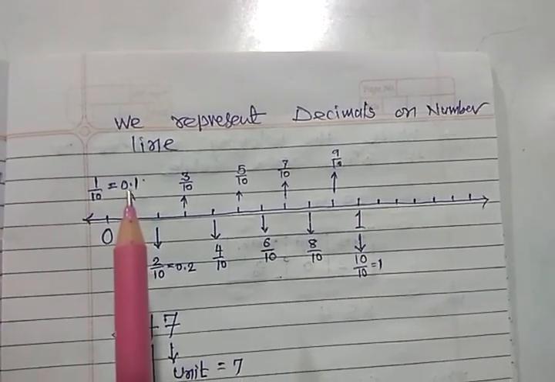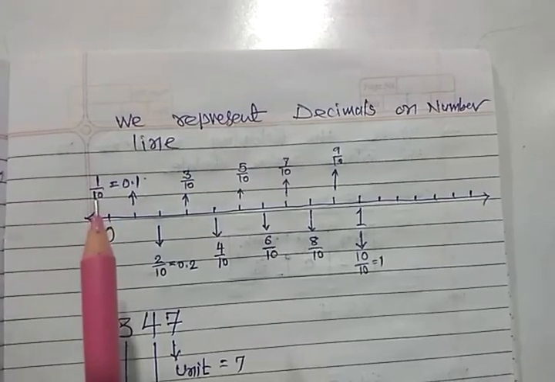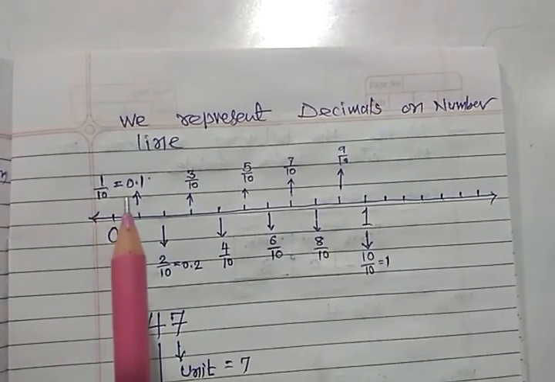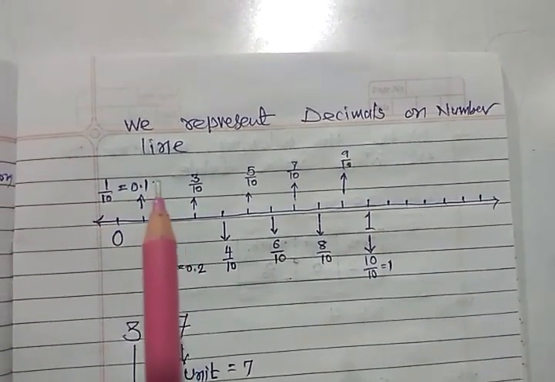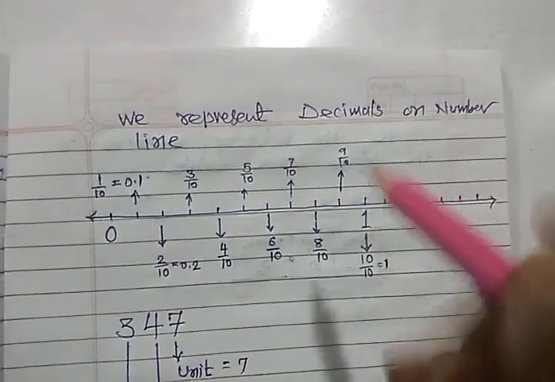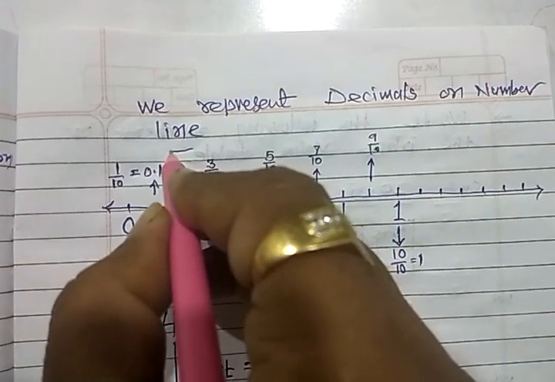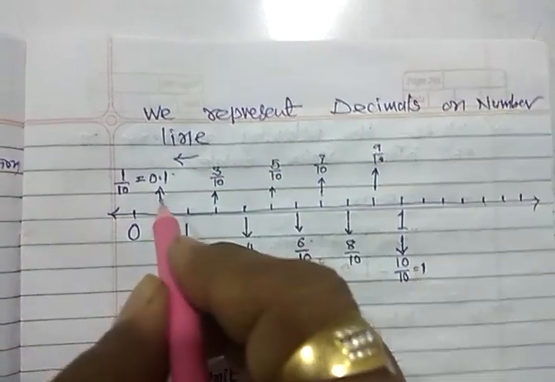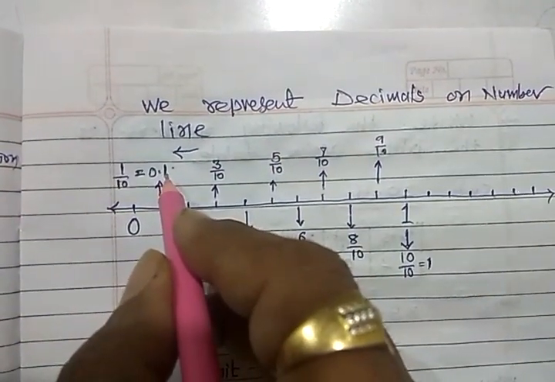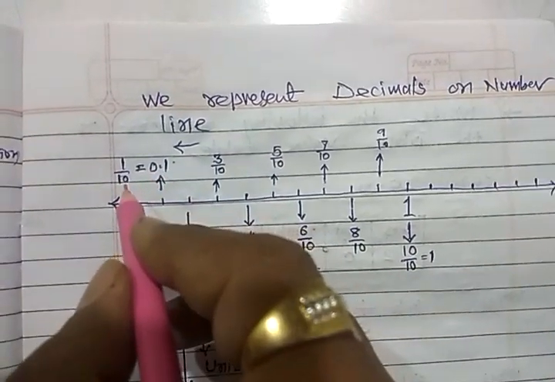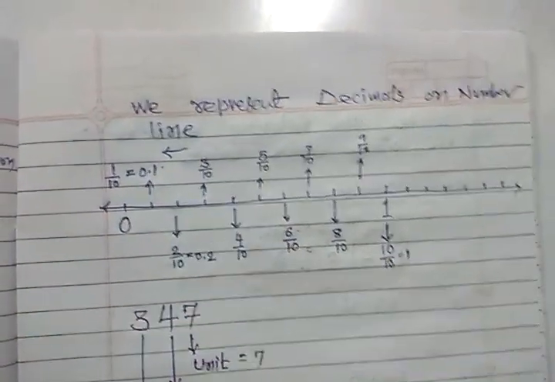This point is a decimal point, and for however many zeros are in the denominator, we put that many decimal places from the right side, from right to left, this way. So here we put 1, then the point, because there is one 0.